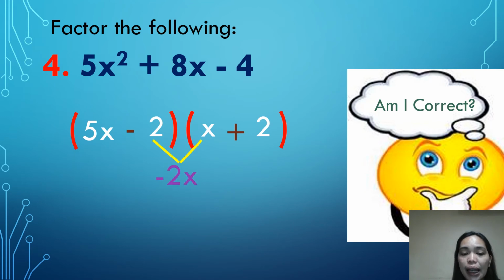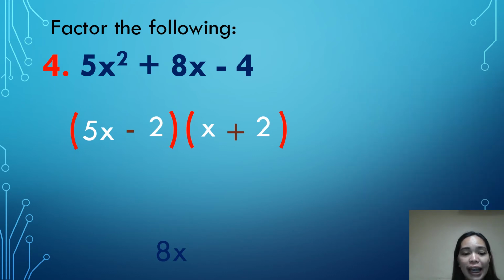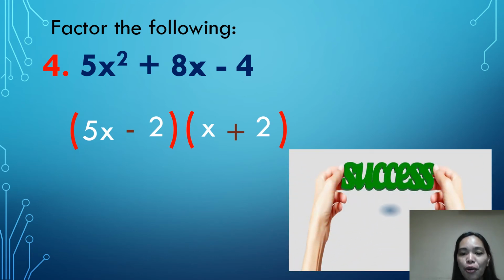Negative 2 times x is negative 2x. 5x times 2 is positive 10x. And their sum is positive 8x. And finally, we have the same sum, and that is positive 8x. And we got the correct factors for number 4.